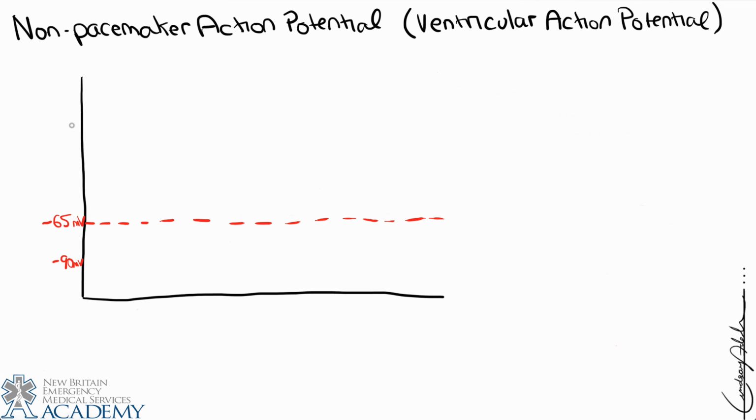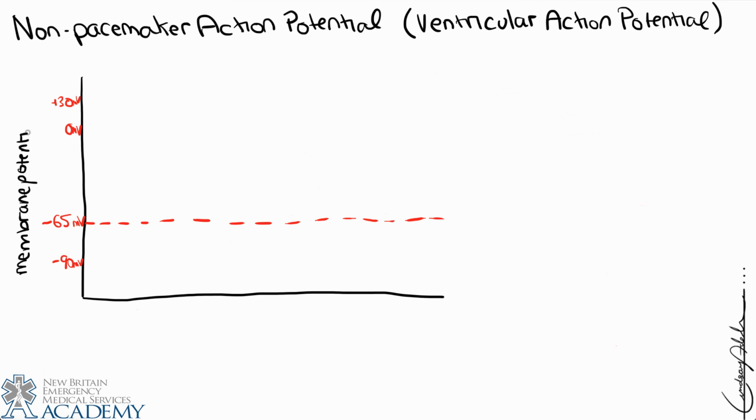And in the same way as the pacemaker action potential, the non-pacemaker action potential has phases that are specifically named, and the phases are associated with different things that might occur inside of the cells. What we care most about, when we talk about drug mechanisms, is how they affect a specific phase of the action potential.